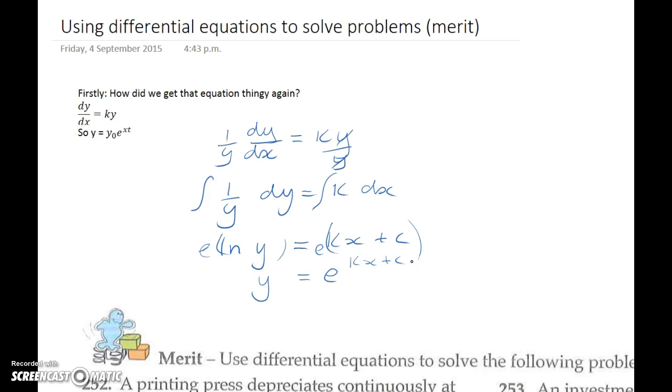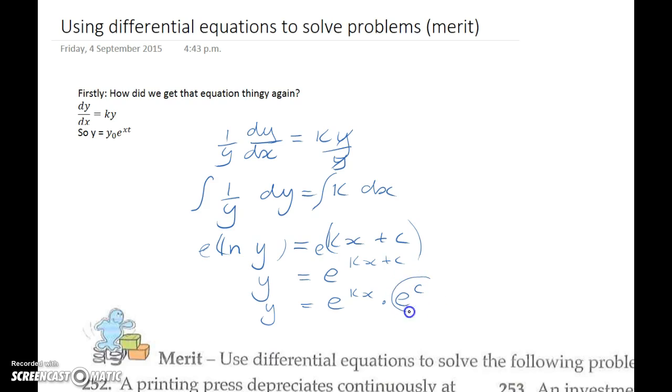From our previous knowledge of exponents, if your bases are the same, you add your exponents. So I could rewrite that as y equals e to the kx multiplied by e to the c.